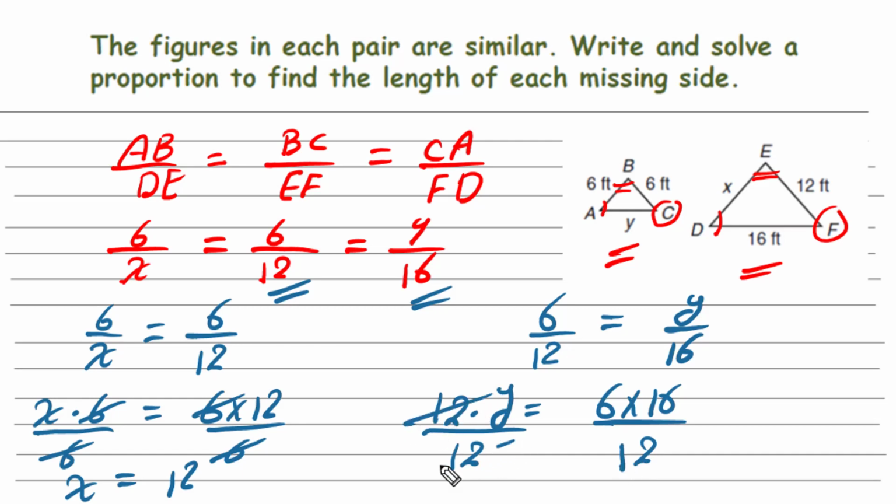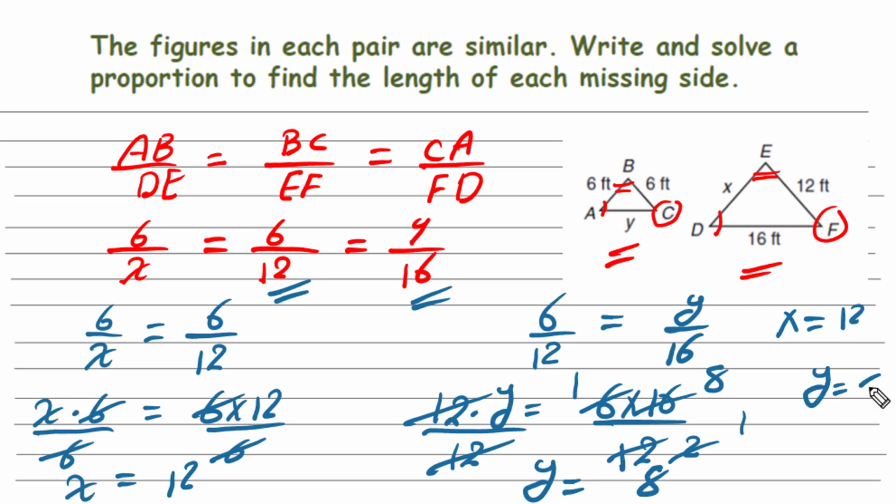Now cancel out common factors. We get y equals 12 is divisible by 6 equals 2. 16 is divisible by 2 equals 8. Now y equals 8 in the simplest form. We get now x equals 12 and y equals 8.